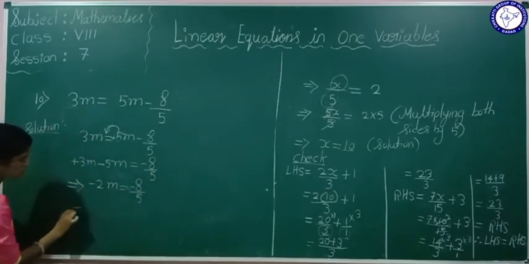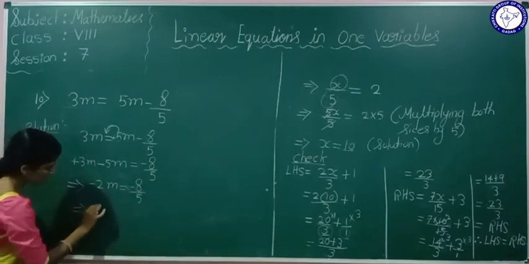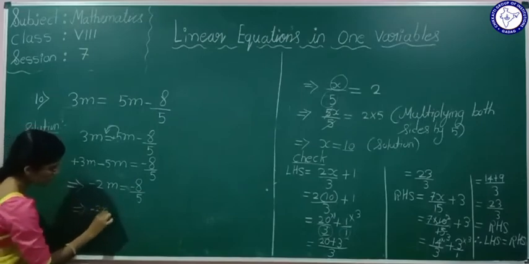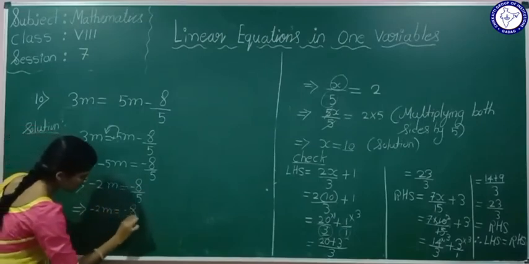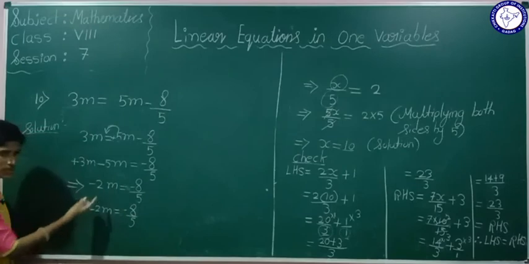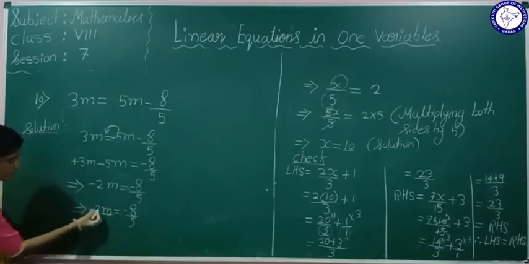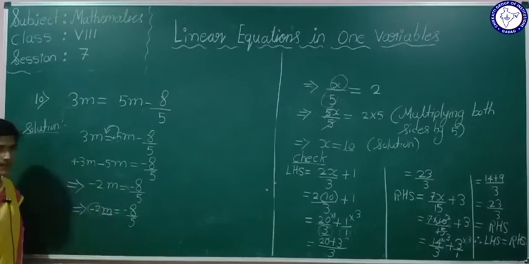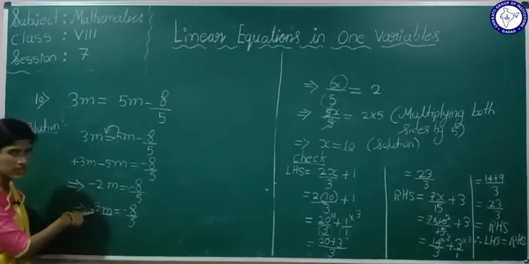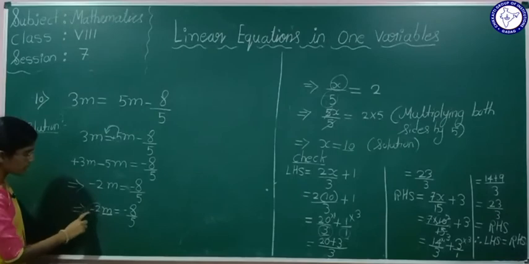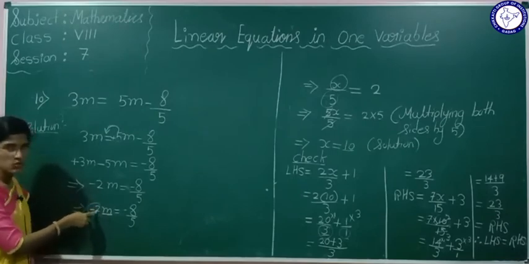Okay. So this implies minus 2m is equal to minus 8 by 5. The same thing I have written. Now see, we want the value of m here, but here minus 2 is there. We will eliminate this minus 2. How?